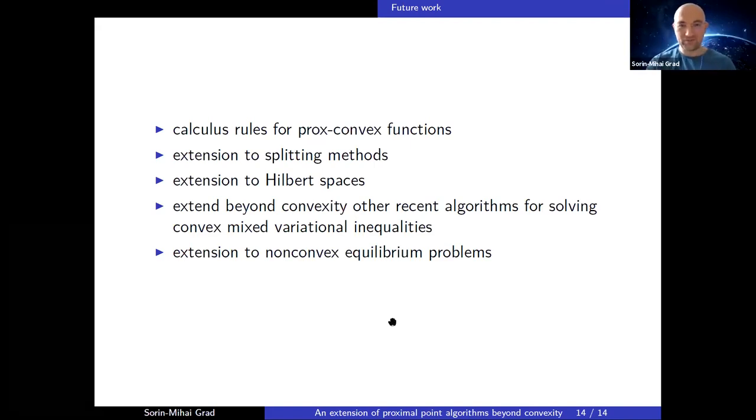It's possible. We haven't thought about this yet because we are still trying to understand the structure of this class. As you have seen, it intersects different classes, but we cannot draw it, for instance, nicely and so on. But it can be. For maximal monotone operators, the resolvent is nice, and if we go beyond that, the resolvent is not nice.